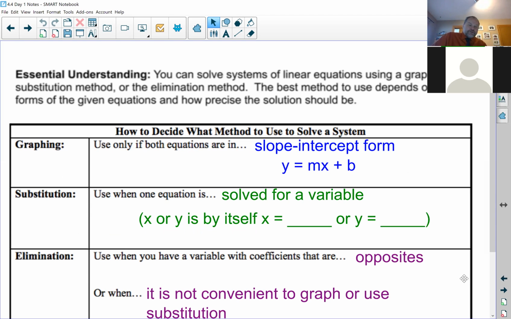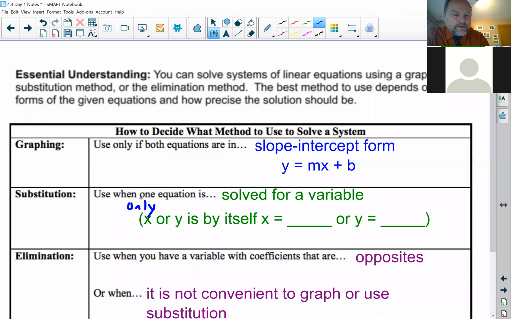For substitution, and I would change this a little bit, I would use substitution when only one equation is solved for a variable.